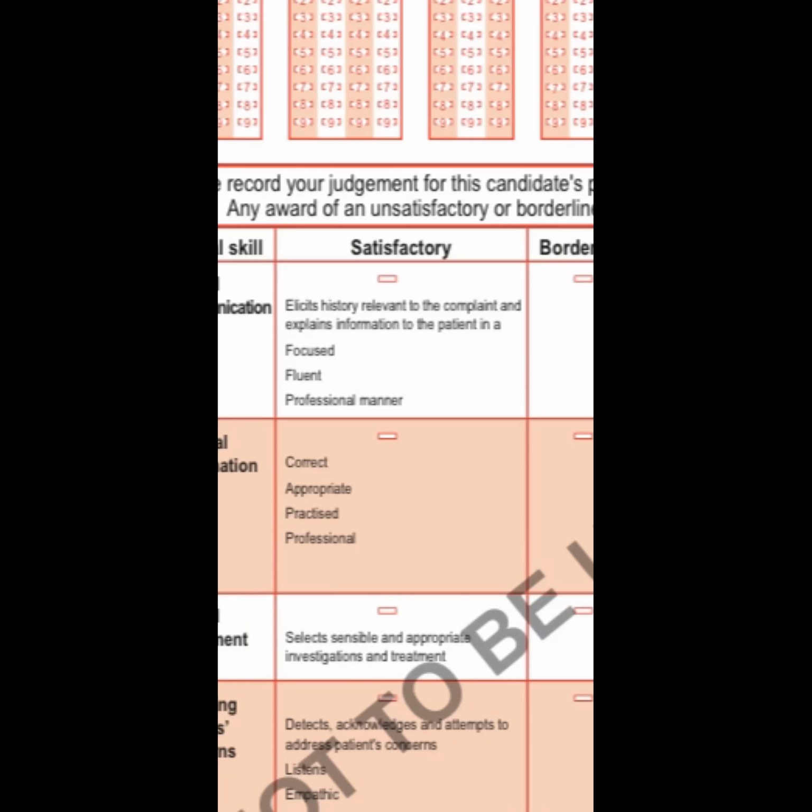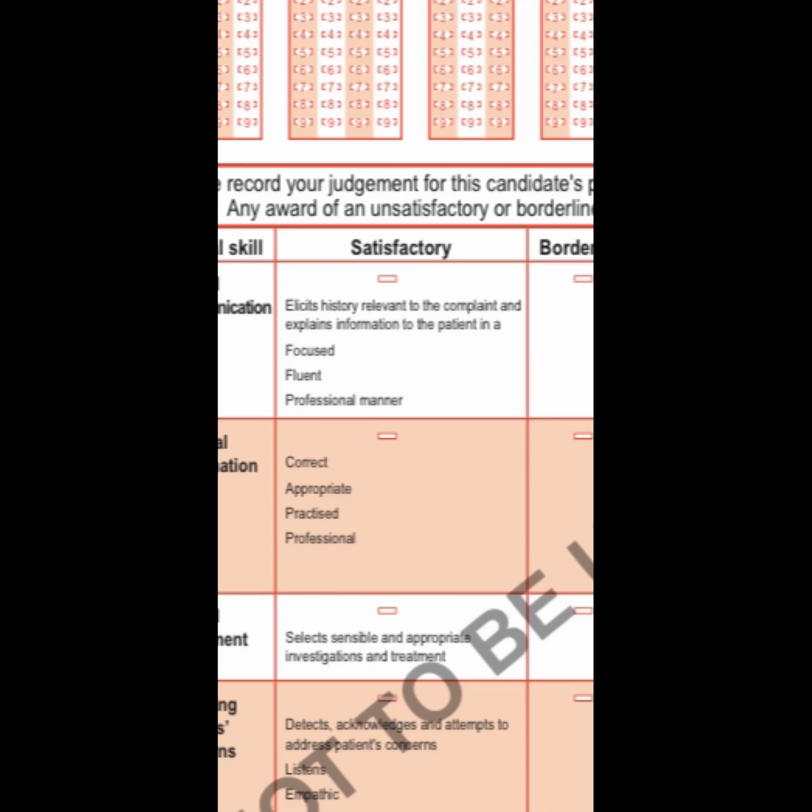What we need to do now is very important, because as soon as you say this, the examiner will listen carefully, because here he is evaluating not only one skill, but two skills. The first skill is the way that you are communicating to your patient.